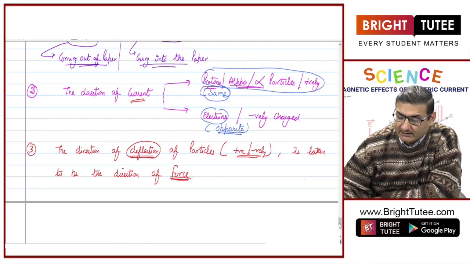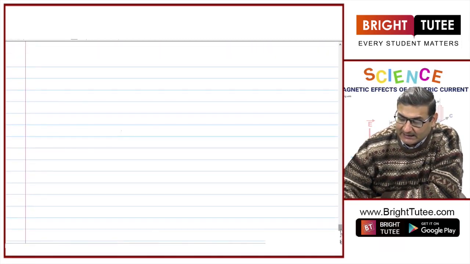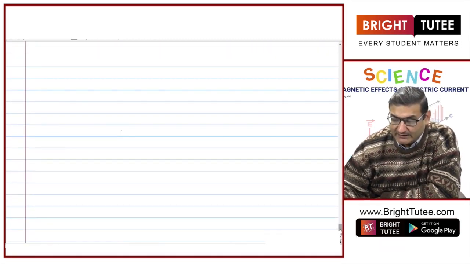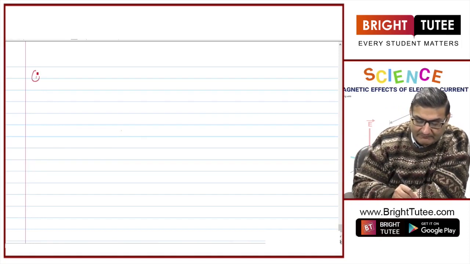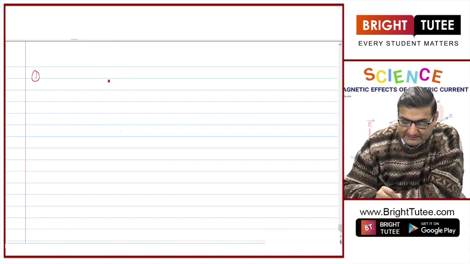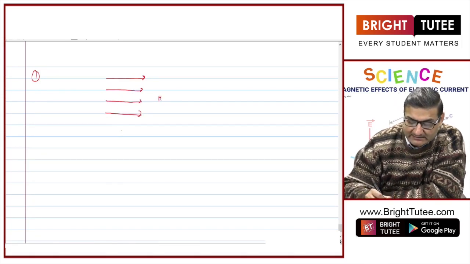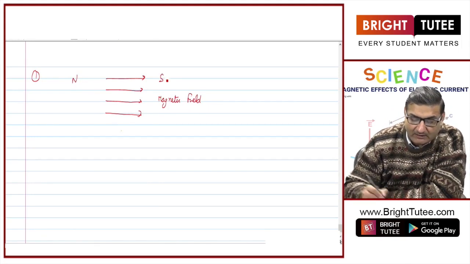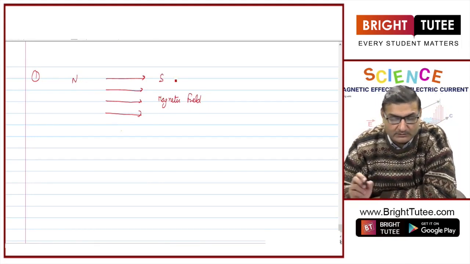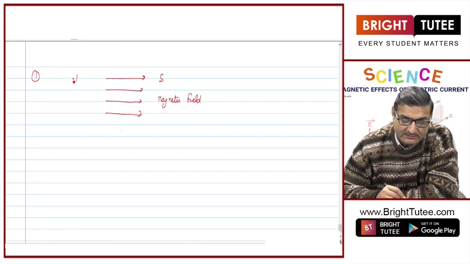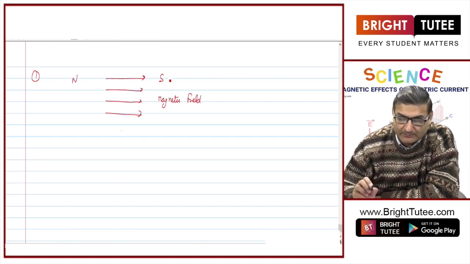Now let us see what exactly are the types of questions we will encounter. First question that we will find is, we will be given a figure. The figure is given to be like this. We are told that this is the magnetic field. Now we know that the magnetic field lines always go from north towards south. That means this is north, this is south. This is assumed.